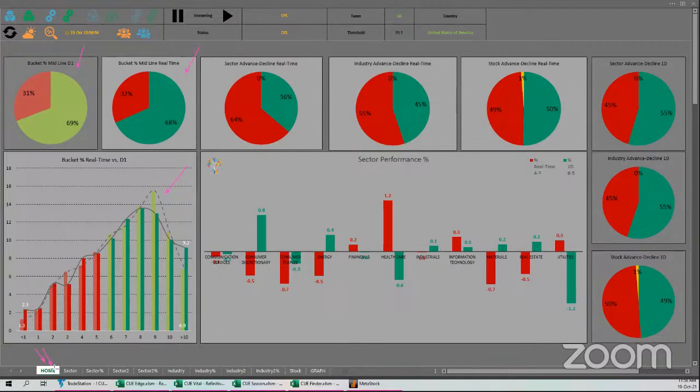I always suggest keeping Q Edge in streaming mode throughout the market hours. I switched off streaming. I click the play now. So instantly it connected with Refinitiv, now retrieving data, and all these graphs.